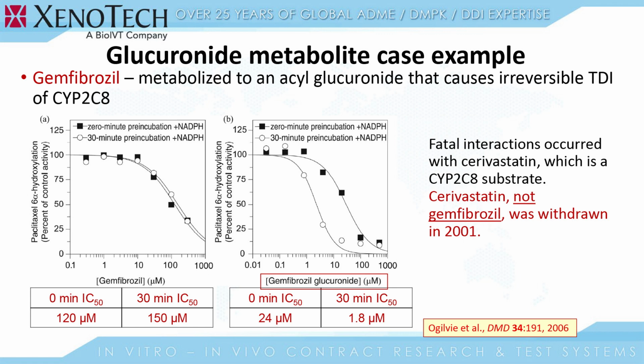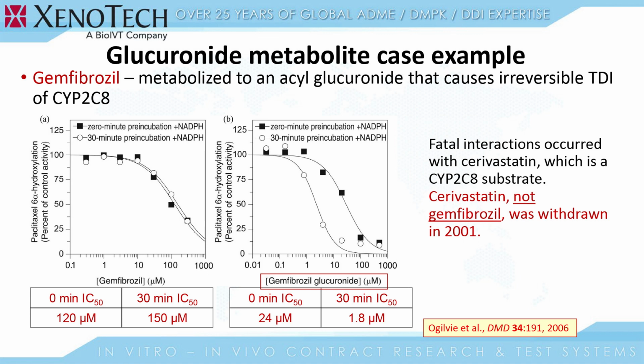Now in each of these plots, there are two different treatments. The black squares represent the 0-minute pre-incubation. So the enzyme is incubated with gemfibrozole or its glucuronide metabolite, and the marker probe substrate is added to it and the reaction is started right away.